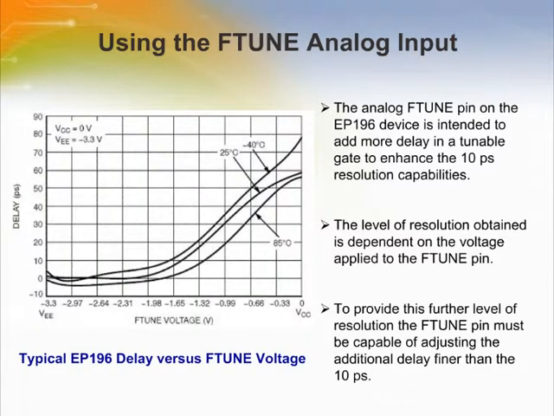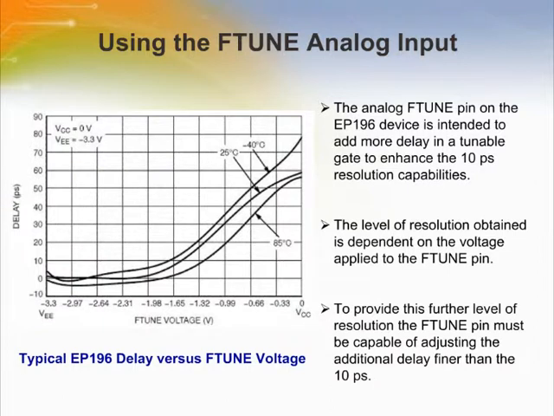This slide offers information on the capability of the fine-tune feature present in this device. The analog FTUNE pin on the EP196 device is intended to add more delay in a tunable gate. This requirement is easily achieved because a 60 picosecond additional delay can be obtained over the entire FTUNE voltage range.